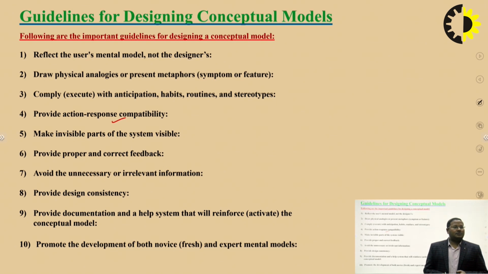Avoid unnecessary or irrelevant information. The information which is obsolete, unnecessary, or redundant, remove it. Avoid information which is not related to the given context. So remove those. Provide design consistency.